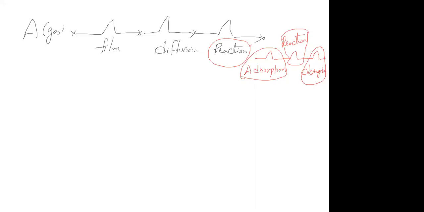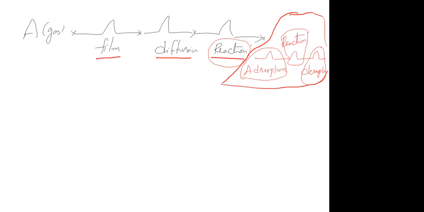Clear, everybody? So I'm covering all these three as a simple surface reaction. Third is desorption. Desorption is coming out of the surface. Now, generally we'll call it these three resistances only.